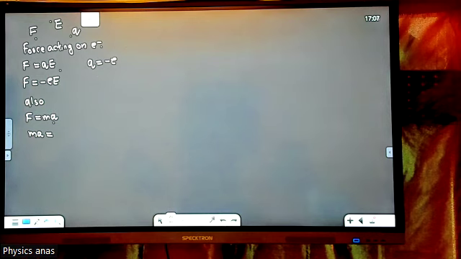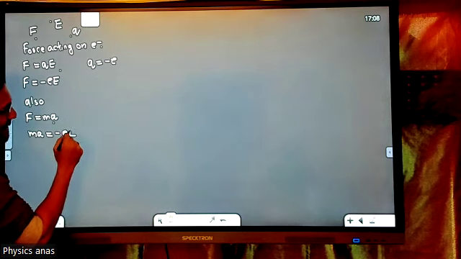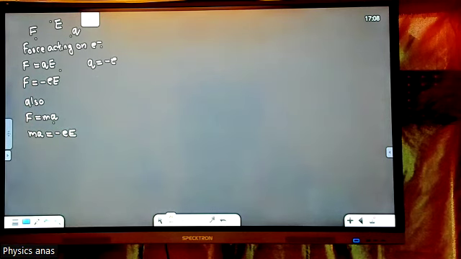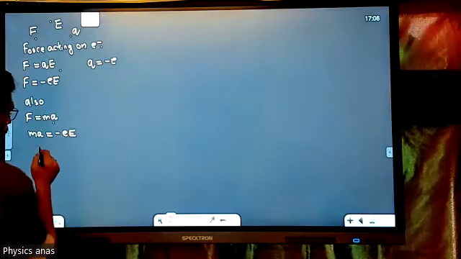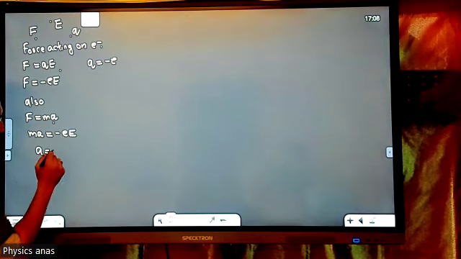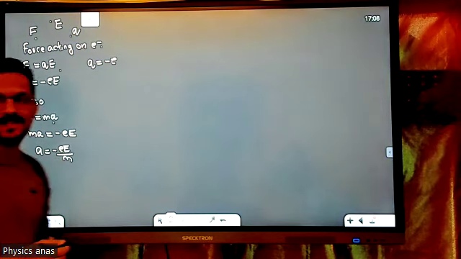So ma will be equal to minus eE. Now you can get the equation for a. What is this a? Acceleration. What is the equation of a from this equation? a is equal to minus eE by m. This is the equation for acceleration.